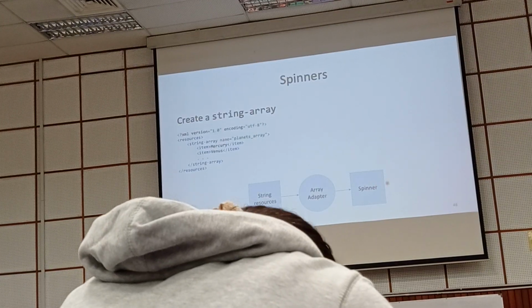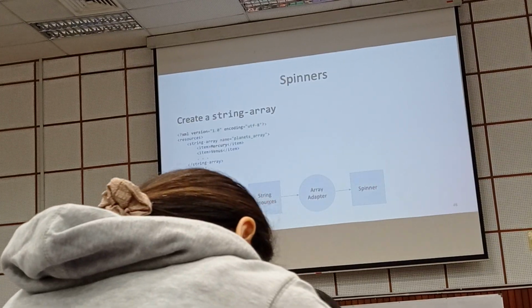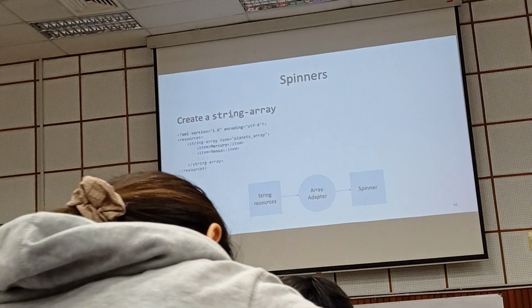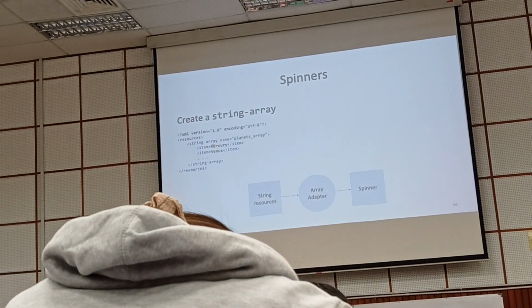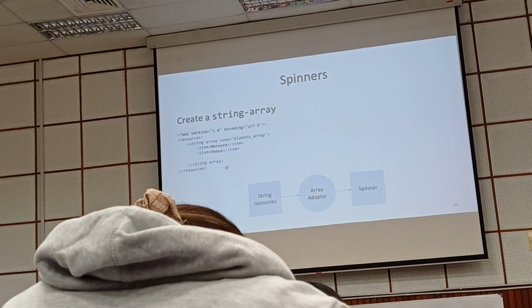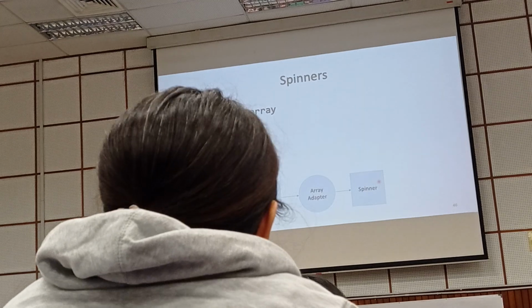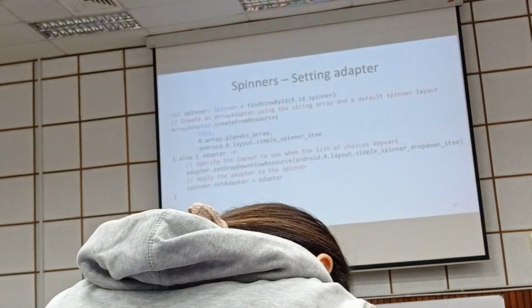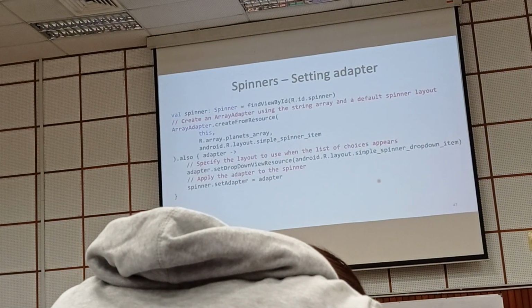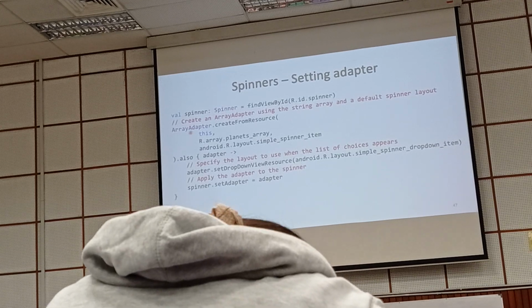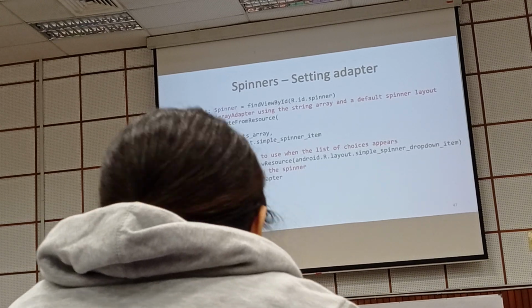The spinner will be fed with these string resources. So in your strings XML file, you define a string array and put in the list items, and then you feed it to the spinner. The connection looks like this. This is the Kotlin code: spinner, adapter, and then feed in.